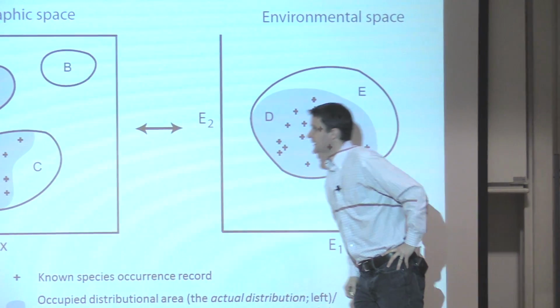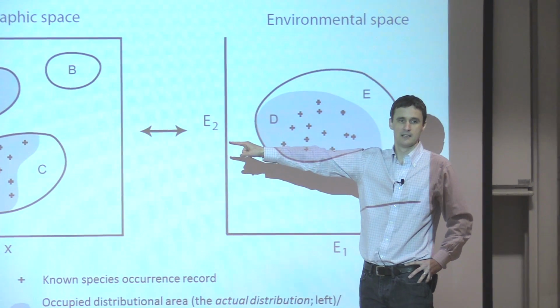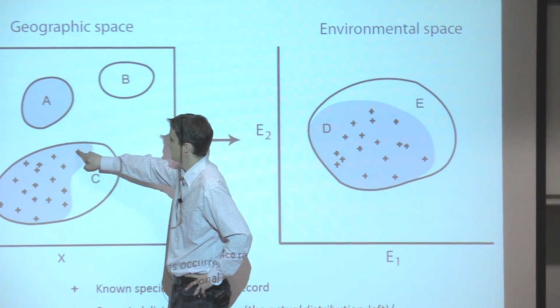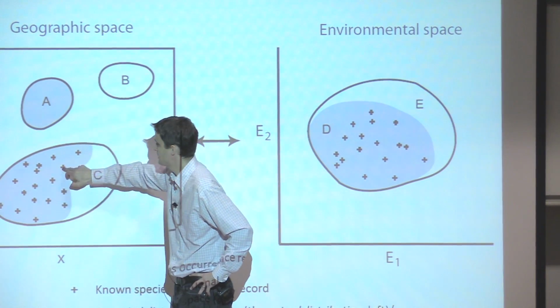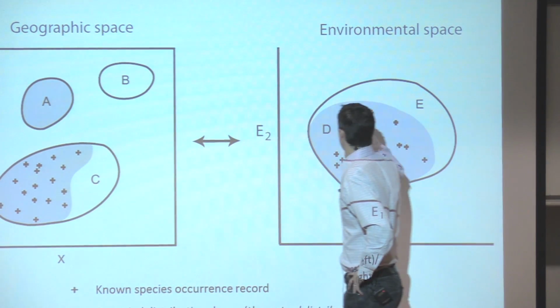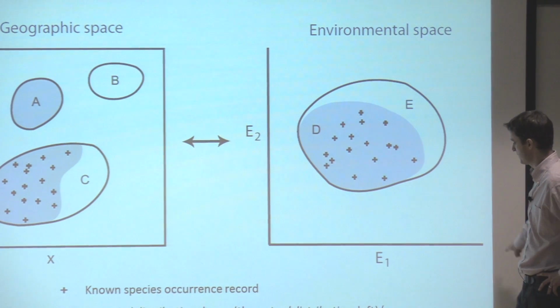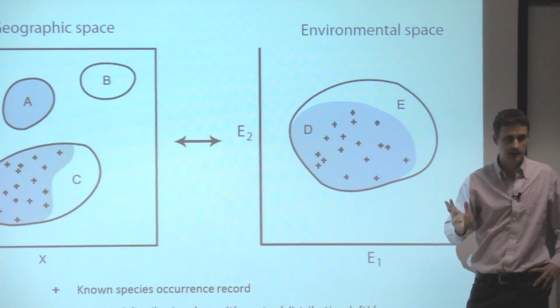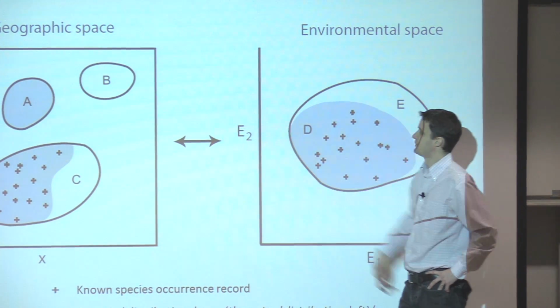Known species occurrence records. We can plot them geographically, and we can pick up that point and calculate what the environments are that the species is occupying, and we can plot them in environmental space. So environmental variable 1 might be temperature, and environmental variable 2 might be soil type, whatever.